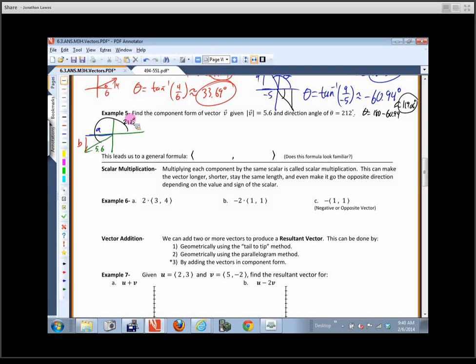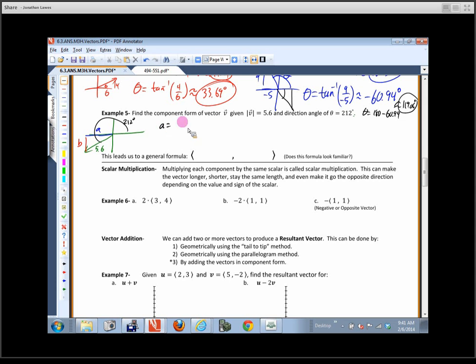Now, what type of answers are we expecting for both of these? Positive or negative? Negative, because we went to the left and we went down, right? So if I want the A, that's the horizontal, that's with the X. Am I going to use cosine or sine for that? I'm going to use cosine.